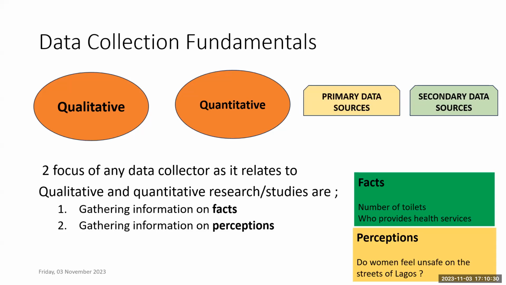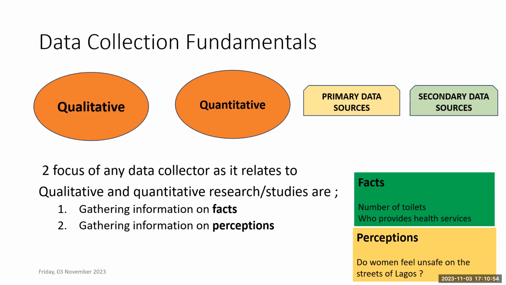Now, data collection fundamentals. For us on the RIN project, as data collectors, we have broadly categorized the type of studies conducted within our scope as qualitative and quantitative studies, or you may say qualitative and quantitative research.